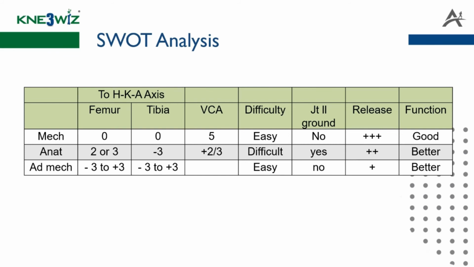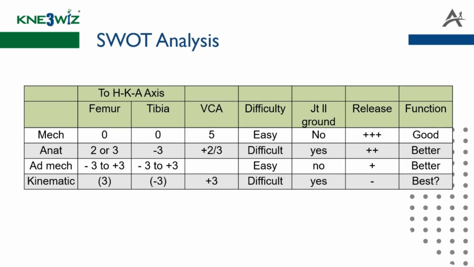Adjusted mechanical alignment undercorrects up to 3 degrees to restore some constitutional varus or valgus. The joint line would not be parallel to the ground in walking, but probably that is what the person has been used to over the years. Full correction is not required, so the releases needed are lesser and the return to function is easier.